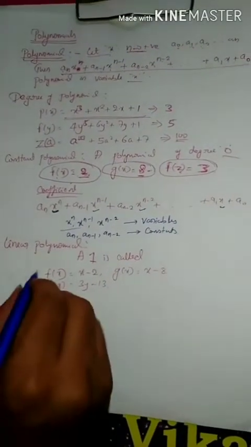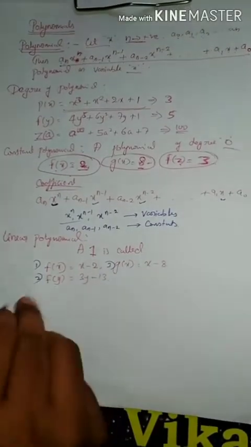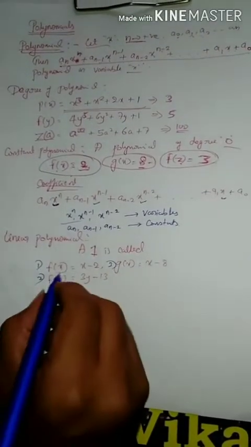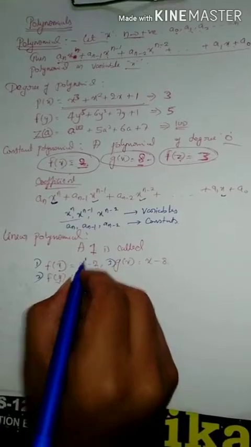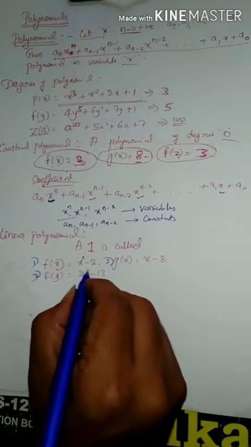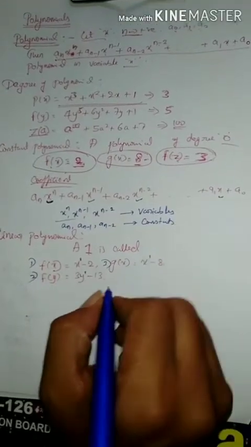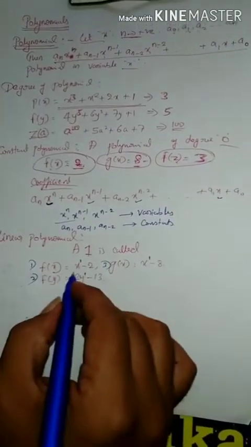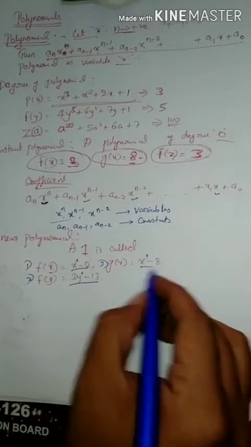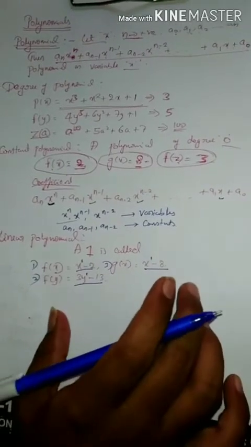In the first example, the highest degree is 1, and in the second example also the highest degree is 1, and in the third example the highest degree is also 1. Therefore, these examples, x minus 2, 3y minus 13 and x minus 8, are called linear polynomials.